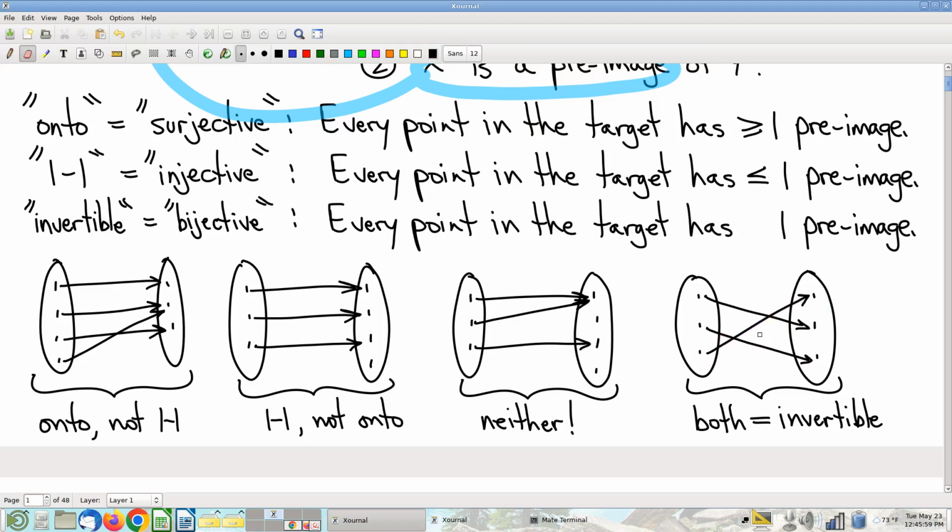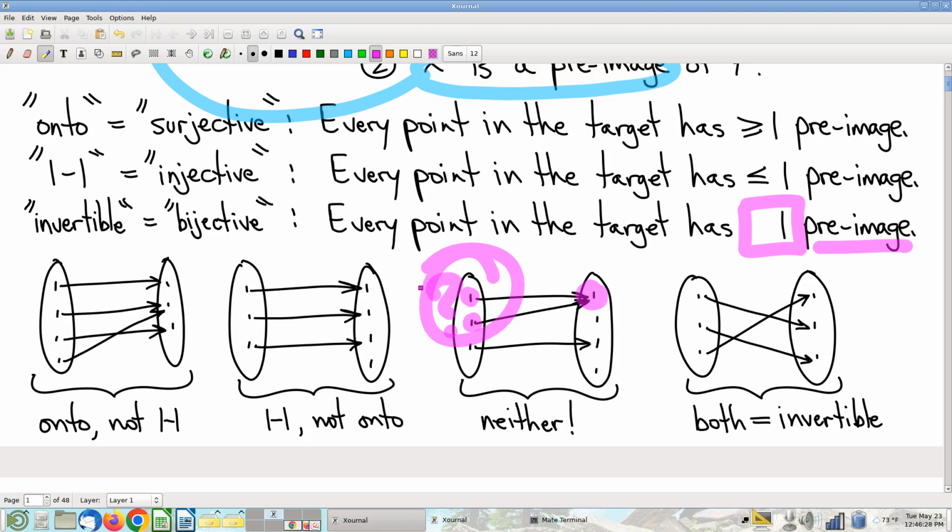And notice, you need to know that there is exactly one preimage in order to do this. You can't define the preimage of this point, because I've got two choices. Which one of these do I pick? If I'm going to say I have an inverse function, there cannot be any ambiguity in the definition of a function, right? So here I've got too many choices. I don't know what to do.